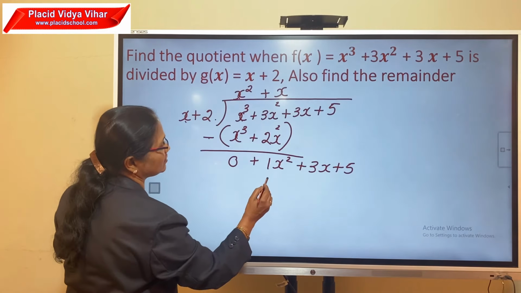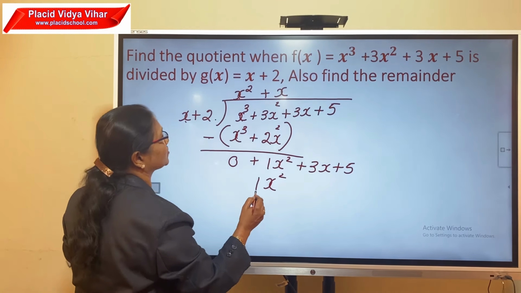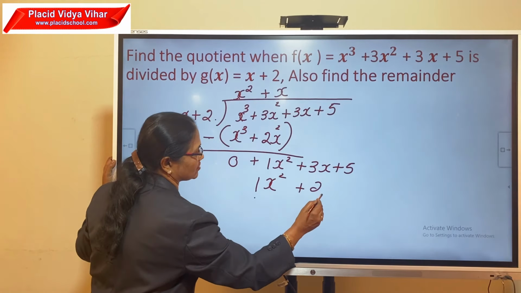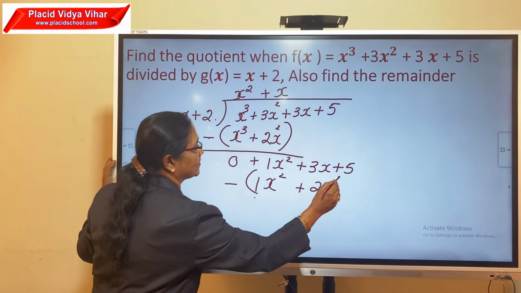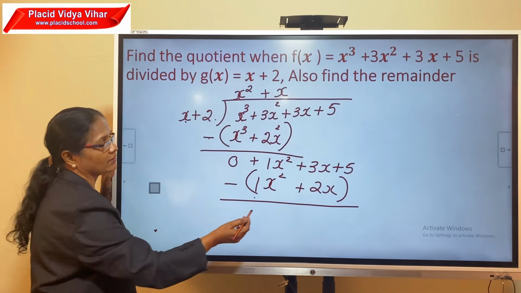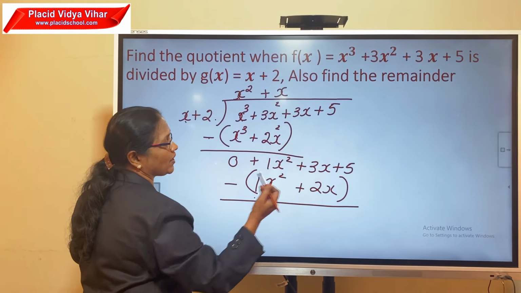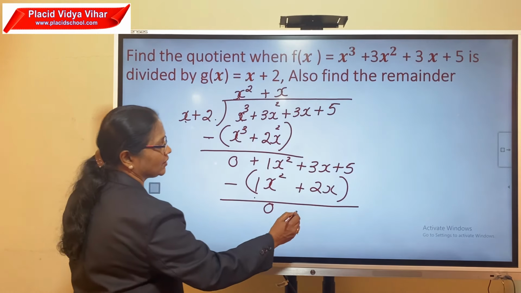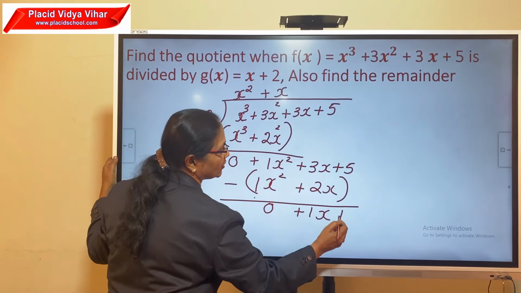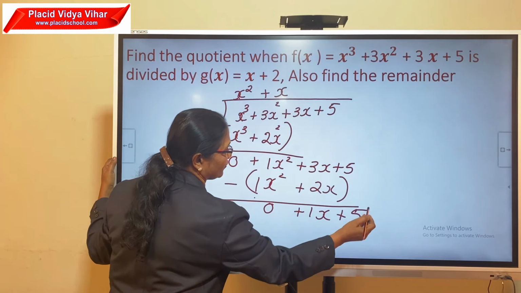X into x is x square, that is 1x square. X into 2 is 2x. 1x square minus 1x square, again 0. 3x minus 2x is x. Bring down the next term 5.